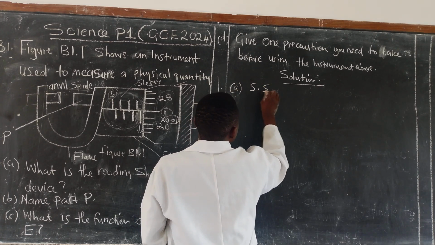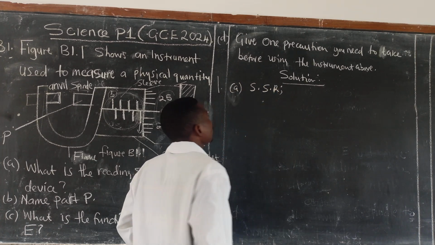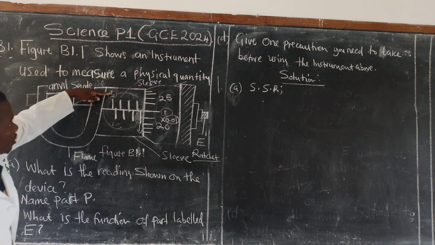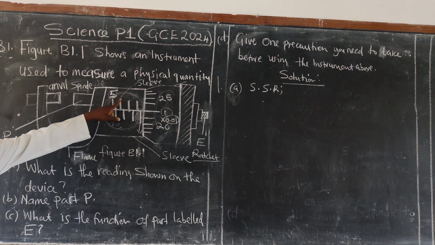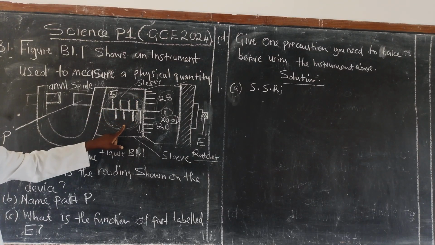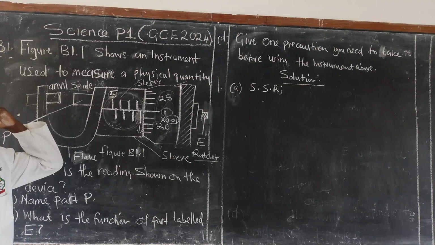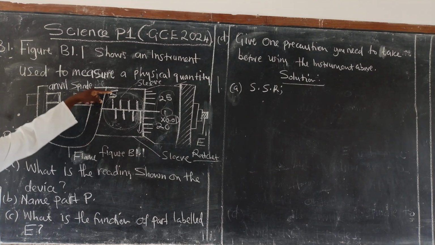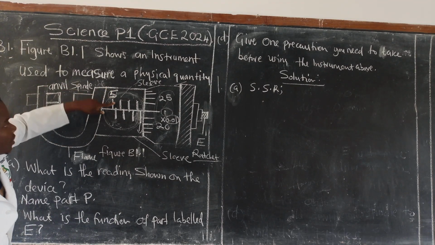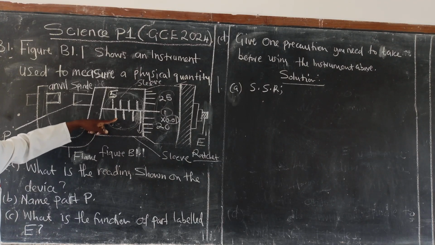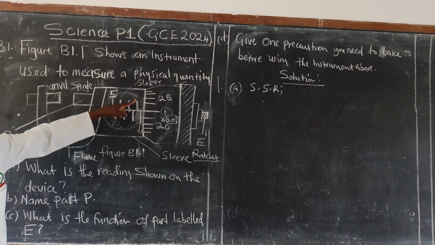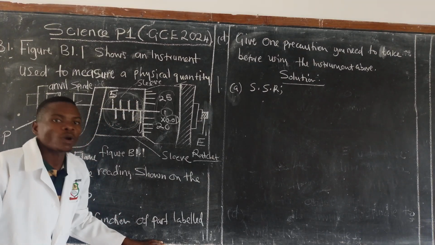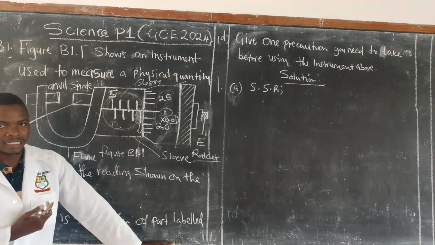The sleeve scale reading. So how do we get it? This is 5, this is 6, this is 7, this is 8. Then the scale which is down is 0.5, so since this is 5, this is 5.5. This is 6, 6.5, 7, 7.5, 8, 8.5. Now, how do we get exactly the reading?